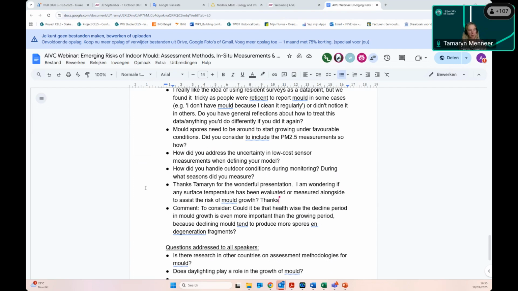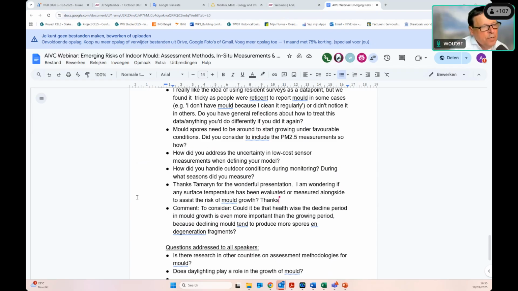One analysis that I did do was looking at the relationship between the outdoor and indoor relative humidity, and we found that relationship correlated with occupant responses about how frequently they opened their windows. So we could see from that the outdoor and the indoor were influencing each other, but we haven't included that information into the mold model.